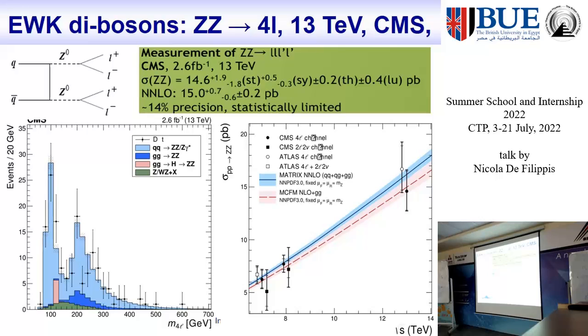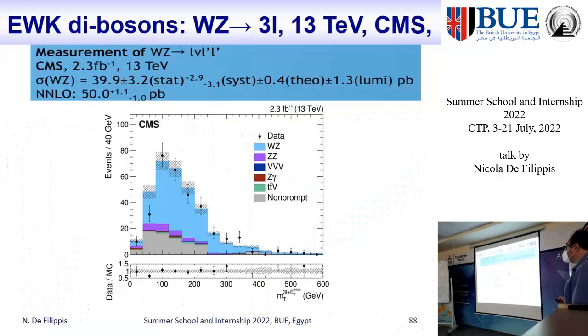And here you have this kind of shoulder related to the on-shell production of the two Z. This is an electroweak process, so you can compute the cross-section from the theory and compare with the experiment. Okay? And the same for WZ production. Okay?